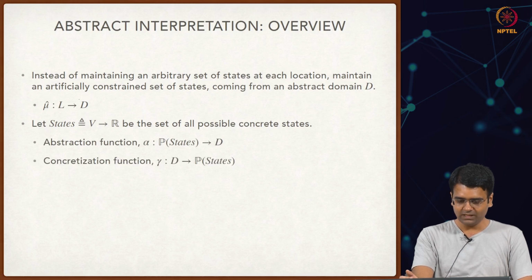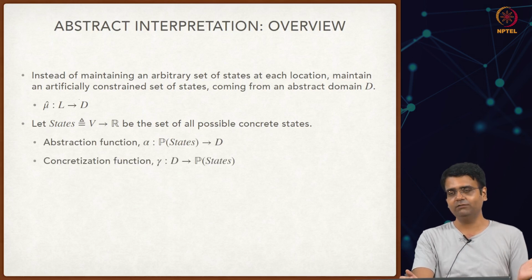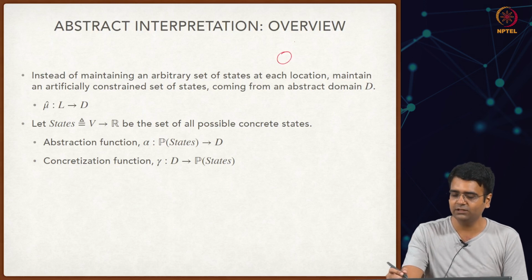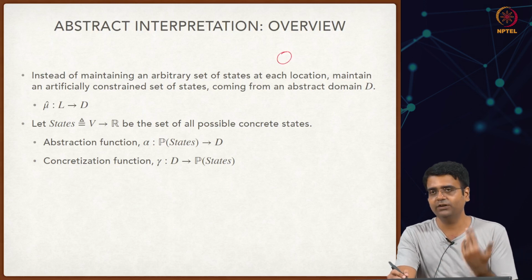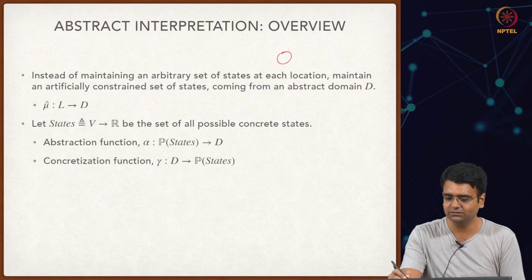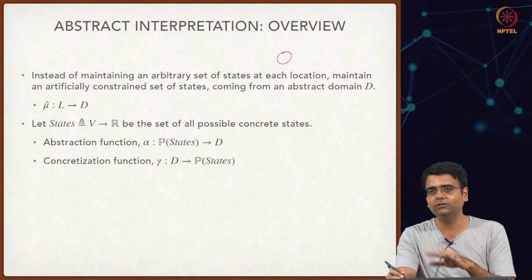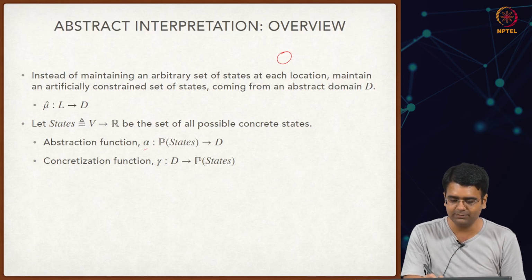I'm also going to define two functions which relate concrete states to abstract states. Let's say at some location I have a set of concrete program states which are reachable at that location. I want to abstract it out into an element of the abstract domain, which I will do using the abstraction function.